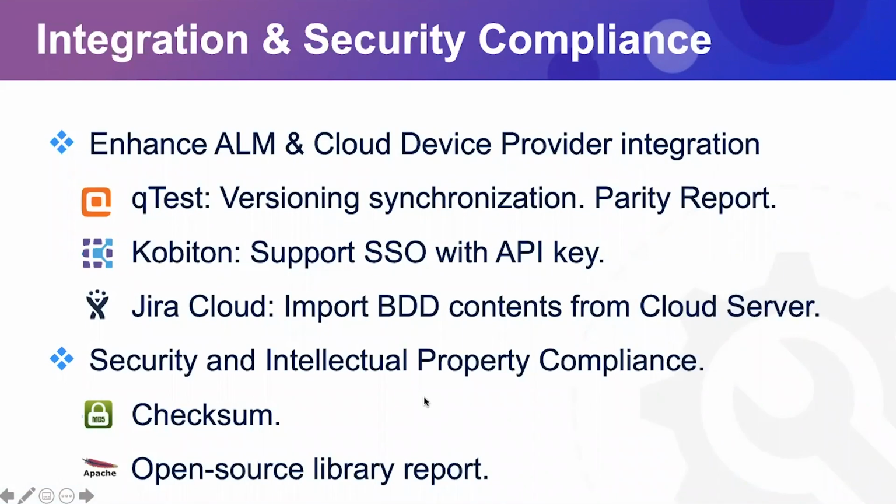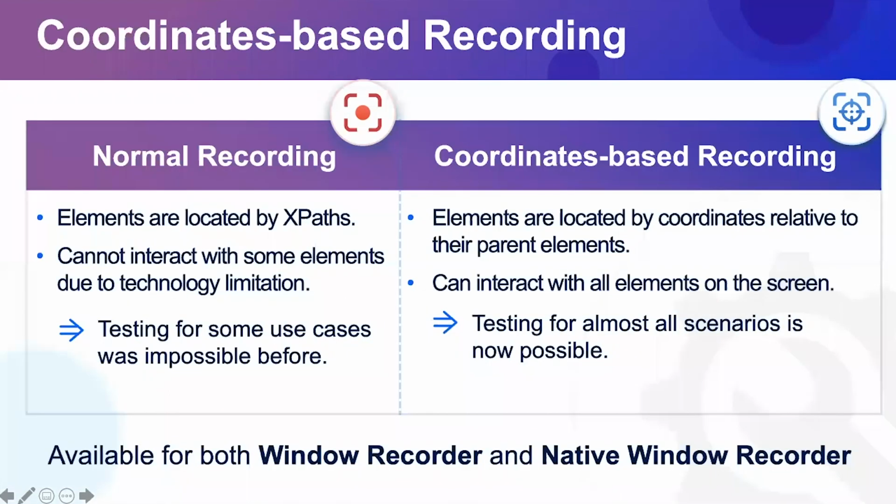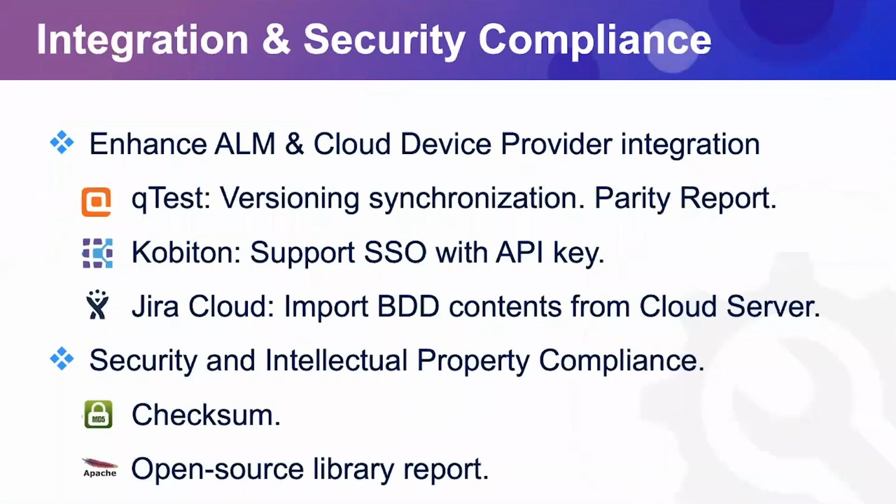All right. So that's it for the coordinate-based recording. Other than that, we also have several new features for enhancing our integration with LLMs and cloud device providers. For example, in qTest integration, we have new features with versioning synchronization and a parity report.